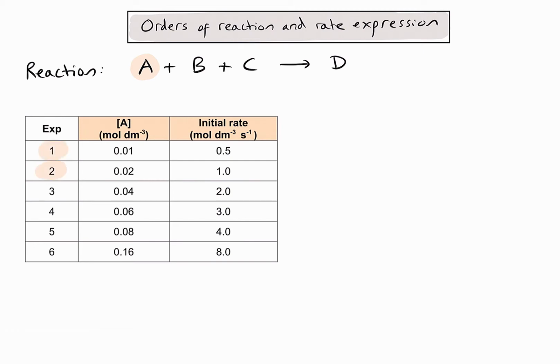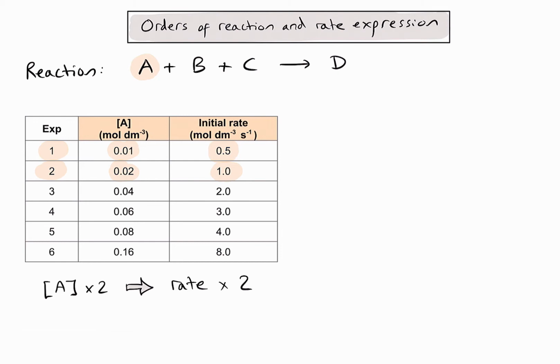Well, if I look at the concentration of A, it has changed by a factor of 2. And looking at the rate values, I see that it's also changed by a factor of 2. So doubling the concentration of A leads to a doubling of the rate. So it looks like the rate is proportional to the concentration of A.